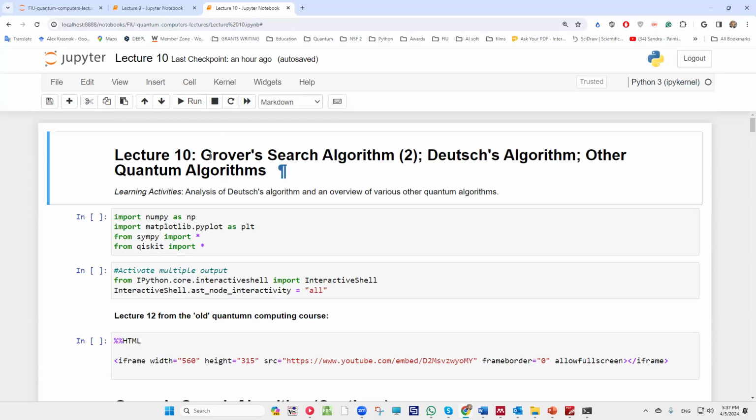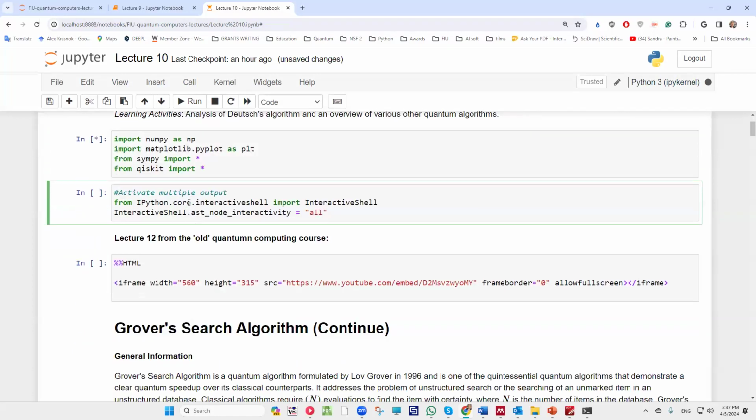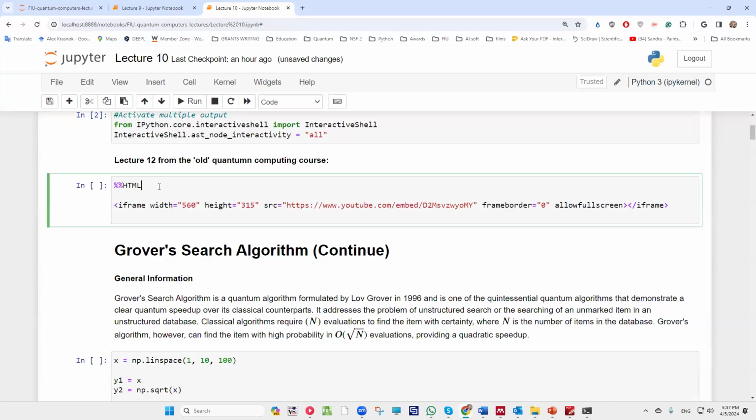Okay? And this is where we come to lecture 10. So again, as usual, I import some of the libraries that I'm going to use today.